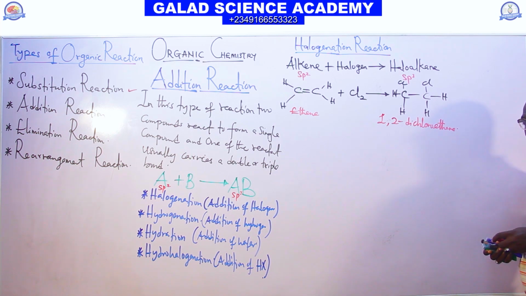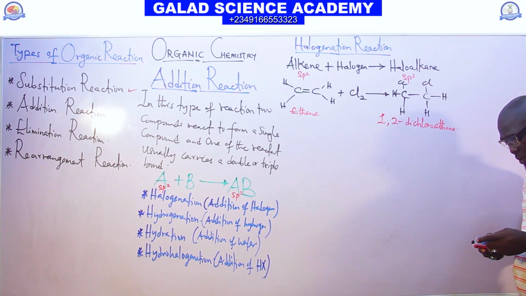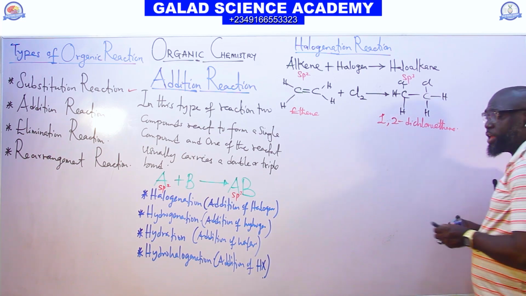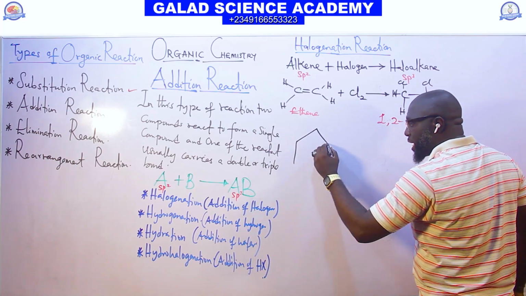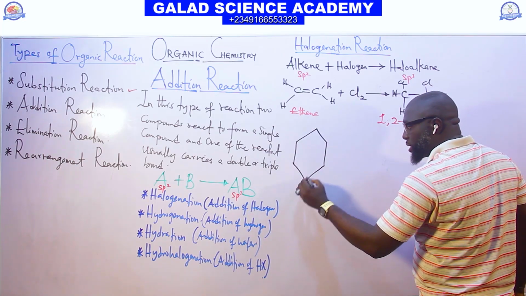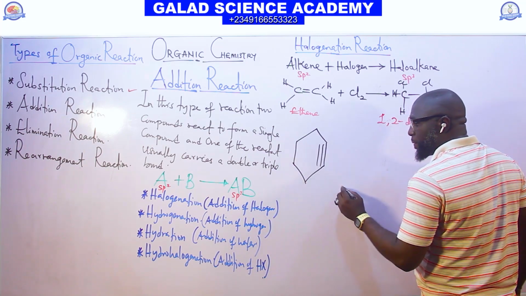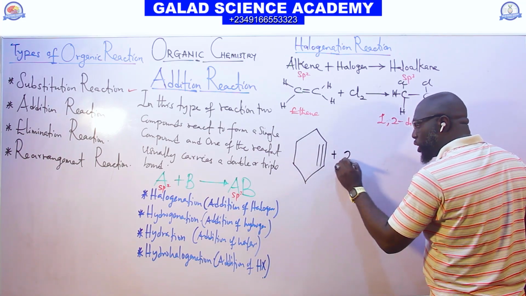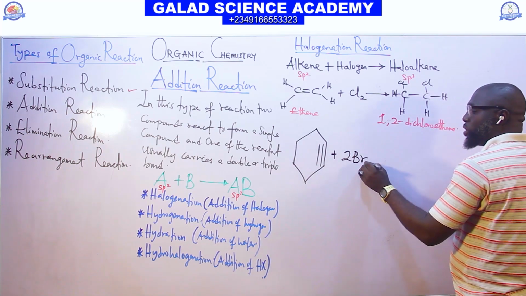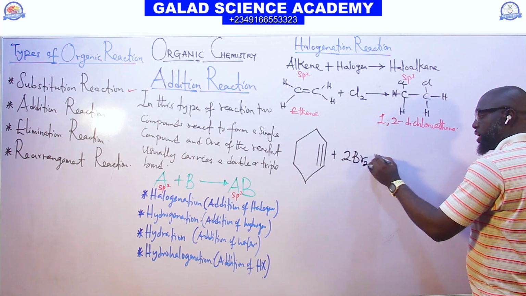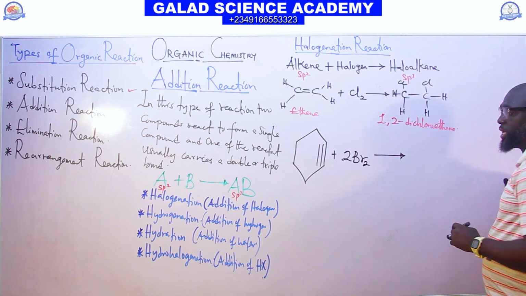And let me give you one more example of halogenation. If we have a cyclic compound with a triple bond here, and I react it with 2 atoms of bromine gas, what will be the product here?